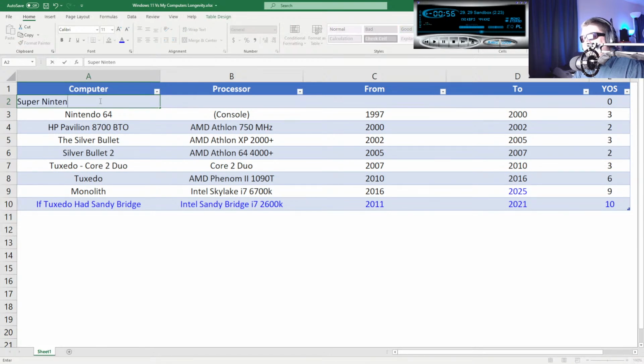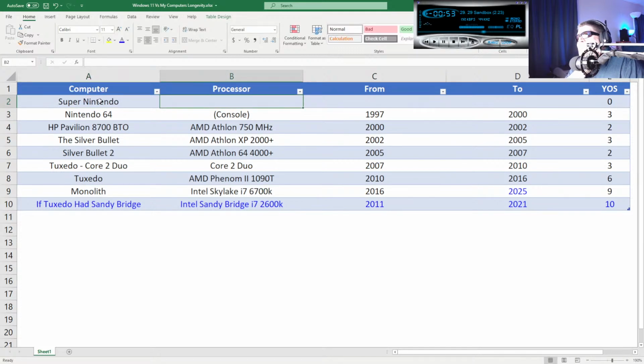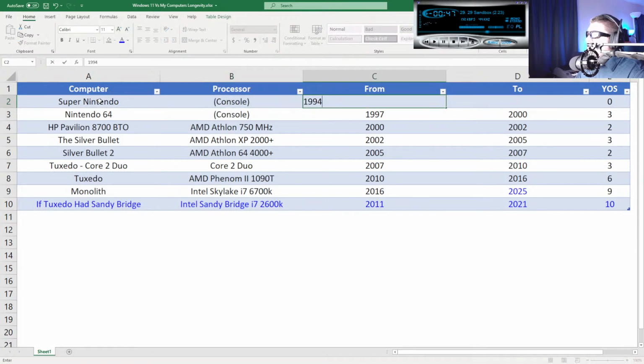Super Nintendo. Circa 1994. Let's see here. It was 1994 actually when I got my Super Nintendo. Christmas of 94. Christmas of 94 had some sitters' houses where the kids over there had Super Nintendos and things like that. So 1994 to 1997.